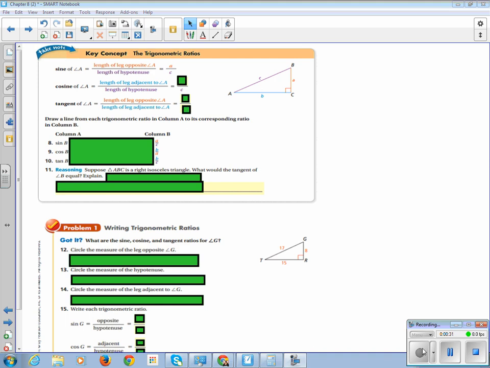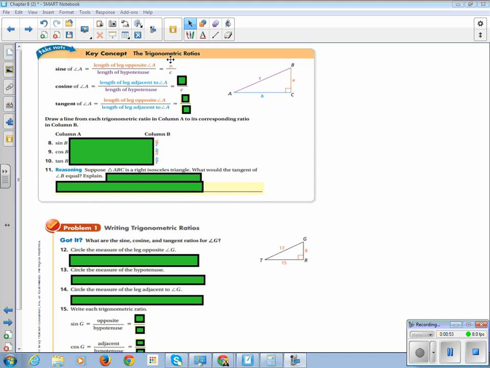When you have a right triangle, the sine of angle A is the ratio between the leg opposite of A, which in here is little a, and the hypotenuse, which is C, little c.